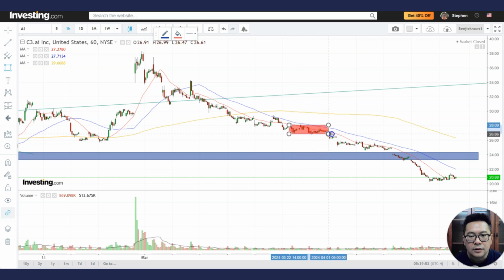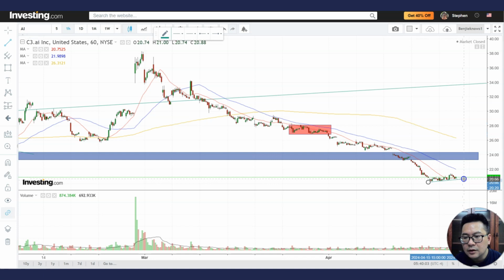Like here's a consolidation breakdown, and a breakdown with a consolidation. These are shortable events, and if it drops below here, then it's shortable because it's in a bearish trend where it's below the 200 MA, 50 MA, and also the 20 MA. It's all declining, and these are bearish conditions for bearish setups.